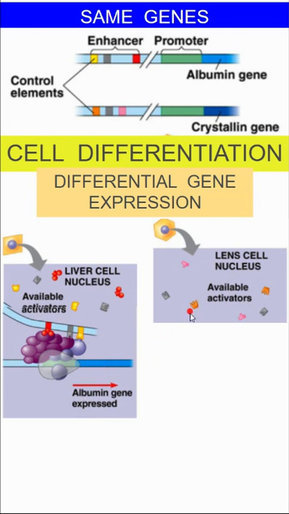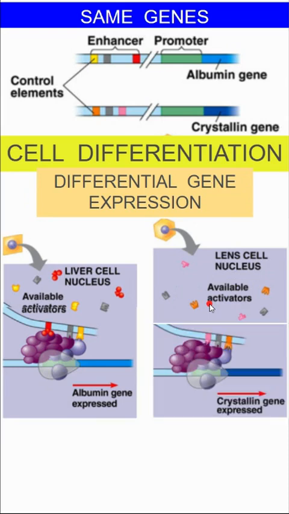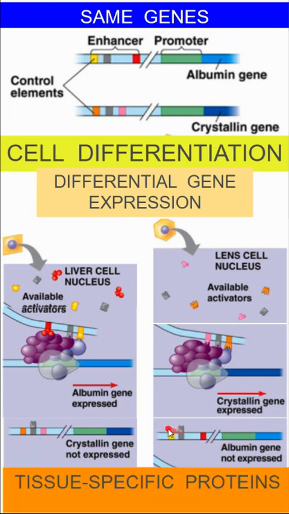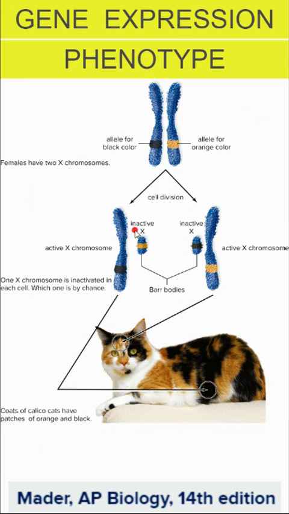However, in the lens in your eye, we have different available activators, and these are going to bind to the crystalline gene, which is going to add to the structure of the lens. So your liver does not make crystalline because it doesn't have the activators available to make that gene. And your lens is not going to make blood proteins, albumin, because it doesn't have the activators for this particular gene. So when we talk about this, we have tissue-specific proteins because we have differential gene expression.